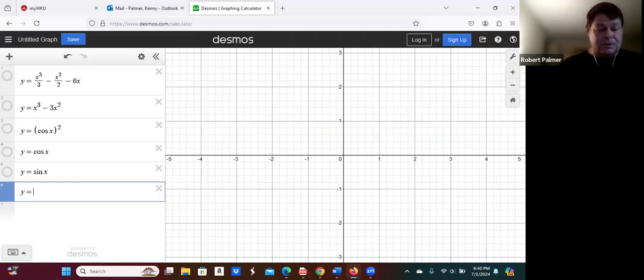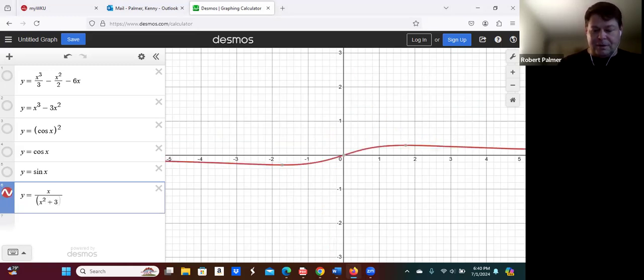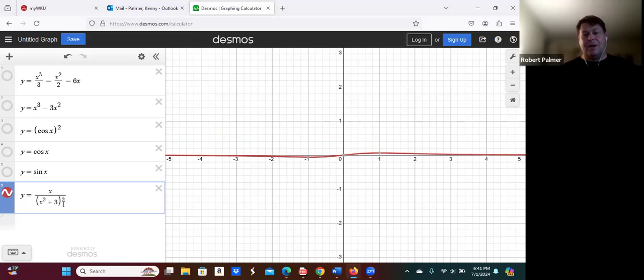So y equals x divided by, then parentheses, x squared plus 3, raised to the second. Okay, now if you notice, this one, there's no asymptote at 0. Notice there's no asymptote anywhere.